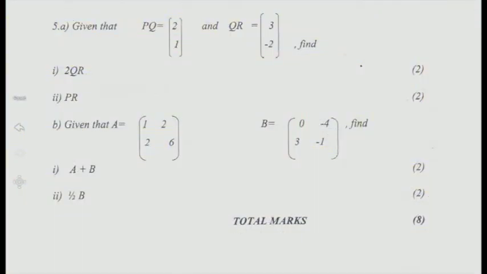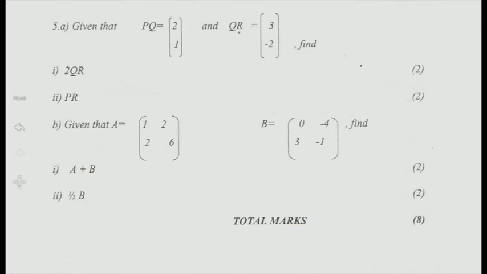Our next question, we have a question 5. And question 5 says, given that PQ is (2, 1), QR is (2, -3). Find 2QR.